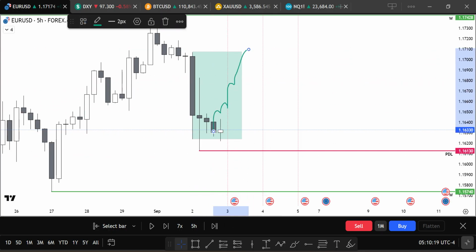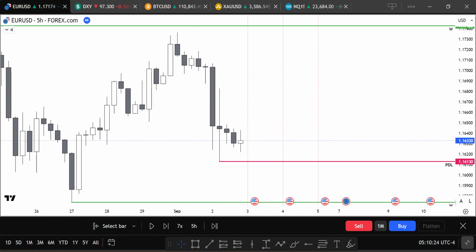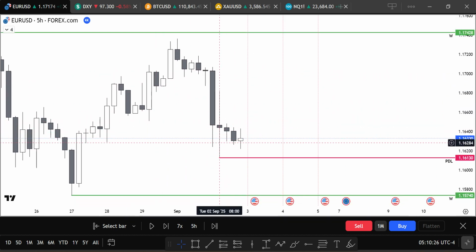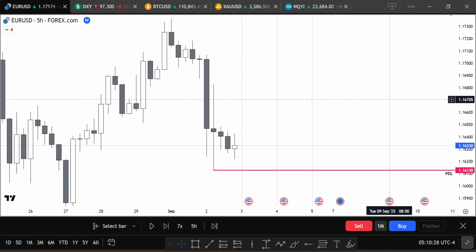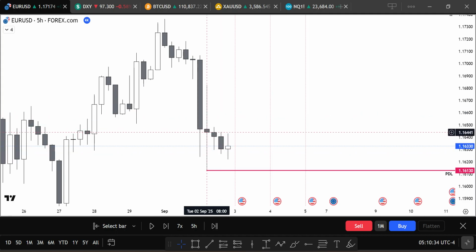But you have to understand that this is just a 5 hour time frame, and yes, this candle closed under the range, but the reason is this 5 hour candle is part of the previous daily candle, right? So you do not consider this as the range getting activated.